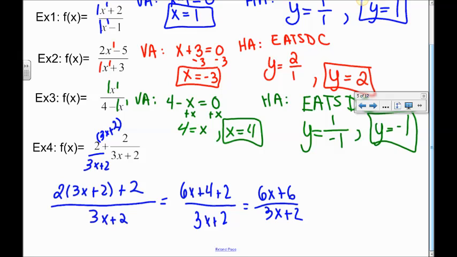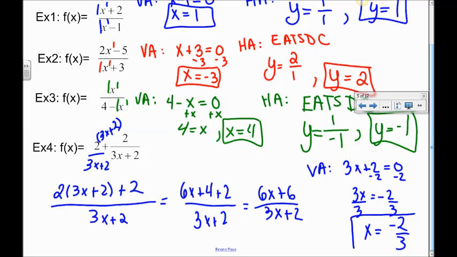Okay, so vertical asymptote 3x plus 2 equals 0, minus 2, 3x equals negative 2, and divide by 3, so x equals negative 2/3. Okay, and our horizontal asymptote.